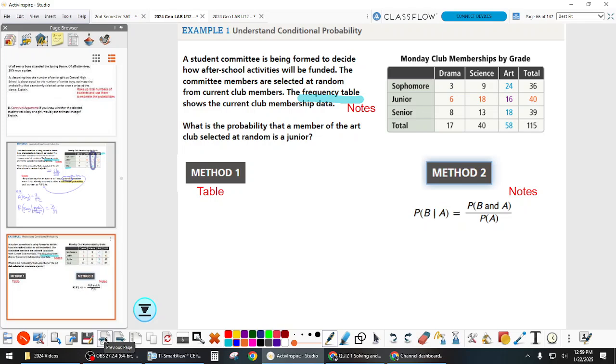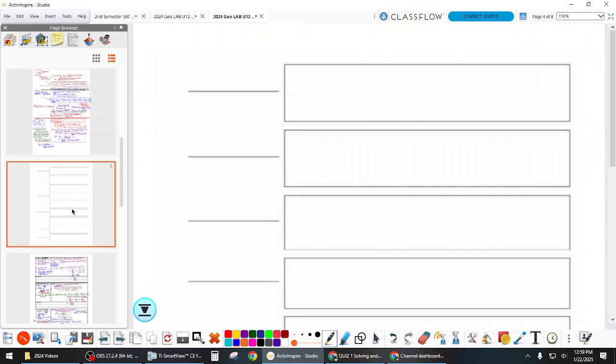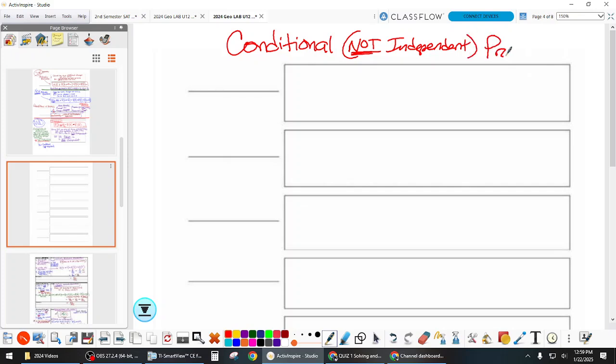We'll come back to that equation in a moment.